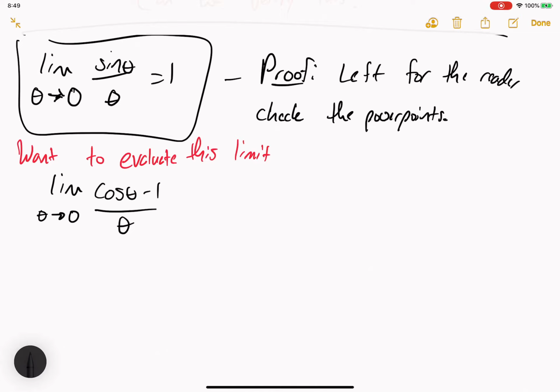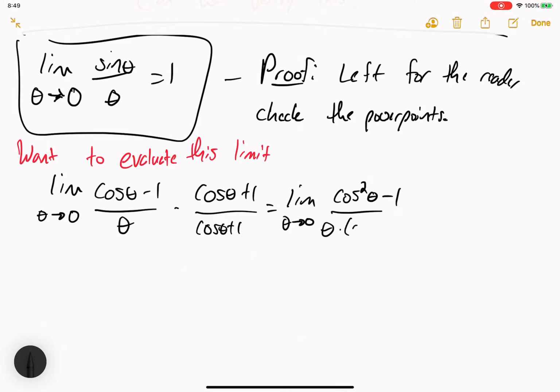Not useful, so we have to do more algebra. We multiply by the conjugate, cosine of theta plus 1 divided by cosine of theta plus 1, and that's equal to the limit as theta goes to 0 of cosine squared of theta minus 1 divided by theta times cosine of theta plus 1.